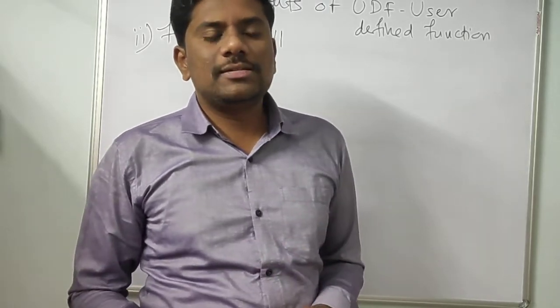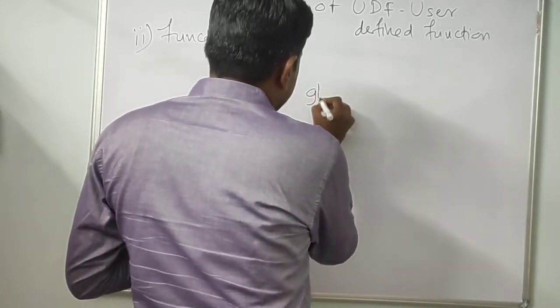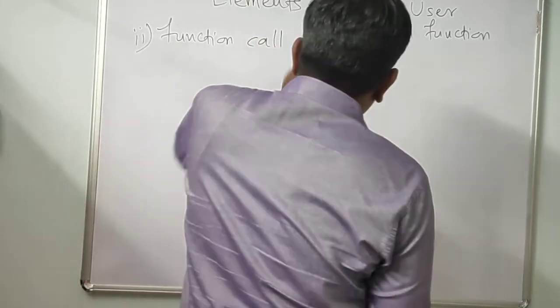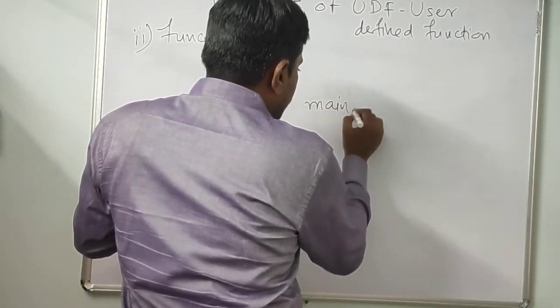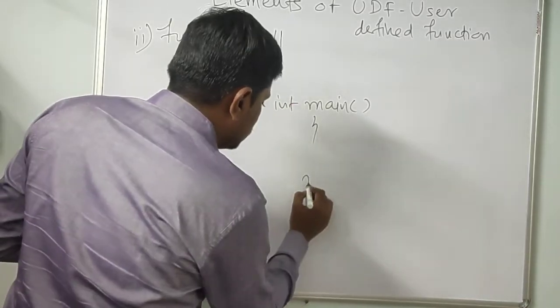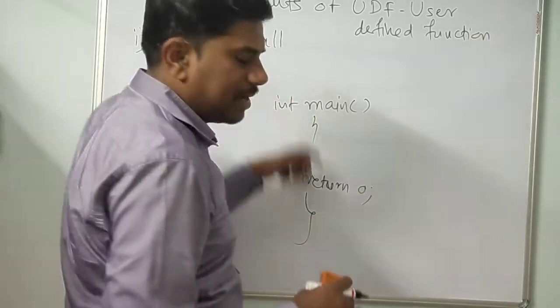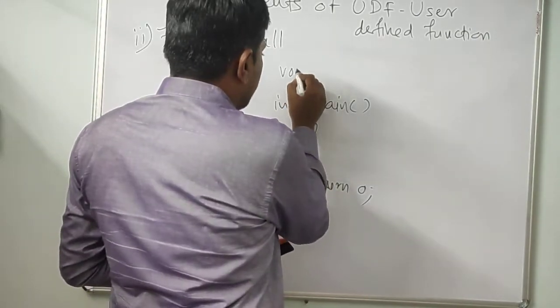Again, there are two places in which you can declare your function: global place and local place. Global place means before main you can declare your function. Suppose this is the main function, the main body or main definition. Before this main you can declare your function.